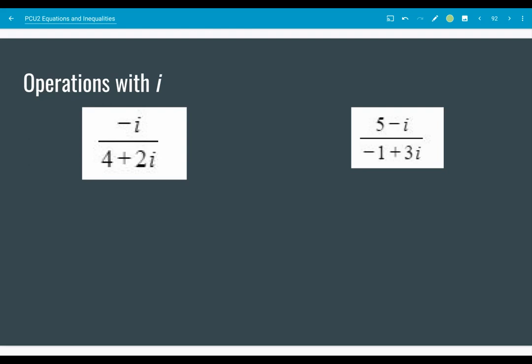When doing division with i, you have to use something called the complex conjugate. And the complex conjugate, for this particular one, is instead of 4 plus 2i, we're going to multiply top and bottom by 4 minus 2i.